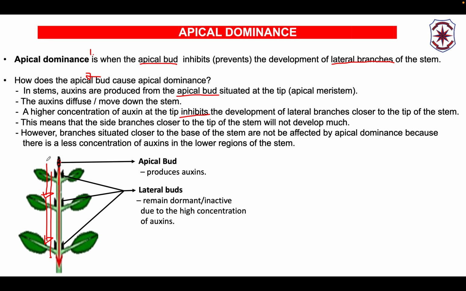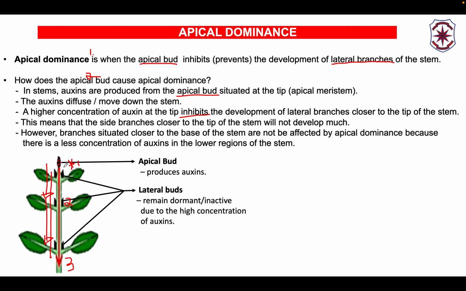So at the tip, we will have the greatest concentration of auxins. As we move down the stem, let me give the regions numbers. Region 1, then region 2, closer down, and region 3, the furthest down.